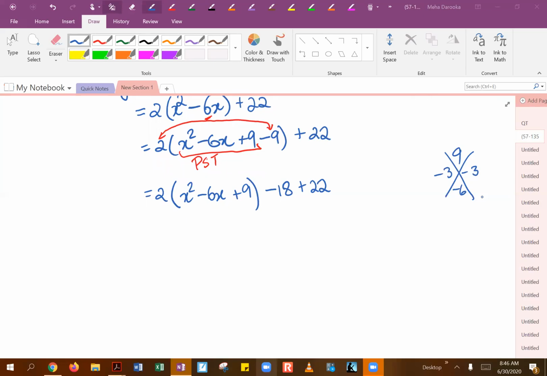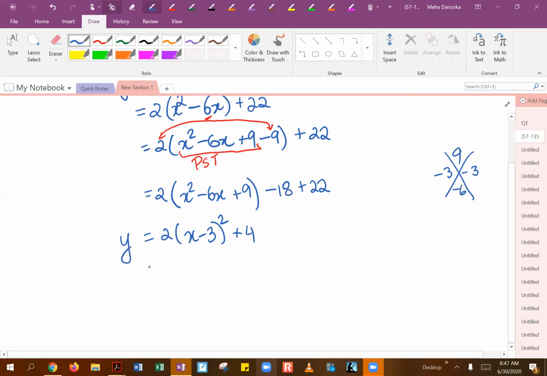And of course, negative 3 plus negative 3 will give you negative 6. So the parentheses factors into x minus 3 quantity squared. And then, of course, go ahead and combine the negative 18 with positive 22, which will end up giving us plus 4. And you will see this is our transformation form over here.